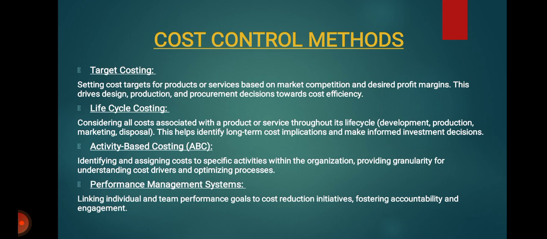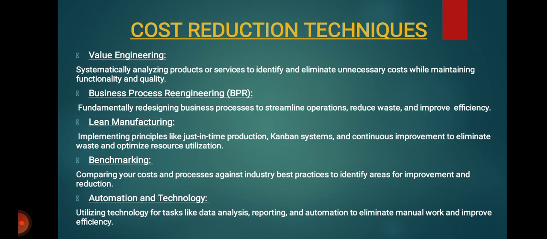For example, a manufacturing company links bonuses for production teams to achieving cost reduction targets. So these incentives for employees are basically to identify and implement cost saving measures. So this is performance management system. So these are all the cost control methods, and next are the techniques of cost reduction.